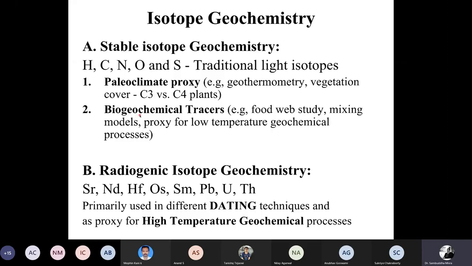More recently, it has been strongly utilized as a pollution tracer. Like, you might be dumping heavy metals into river, and you might argue that this is natural. This is not an artificial thing. But looking at the isotopic signature, we can definitely tell whether it's anthropogenic or natural.